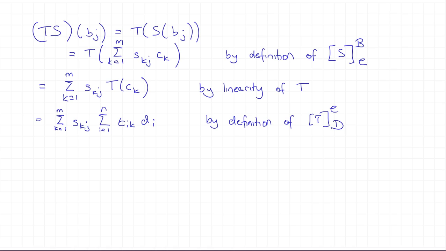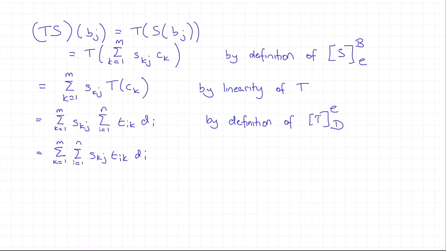Now we can manipulate this sum a little bit. Let's rewrite it as the sum from k equals 1 to m of the sum from i equals 1 to n of s_kj t_ik d_i, just multiplying this scalar into the following sum.